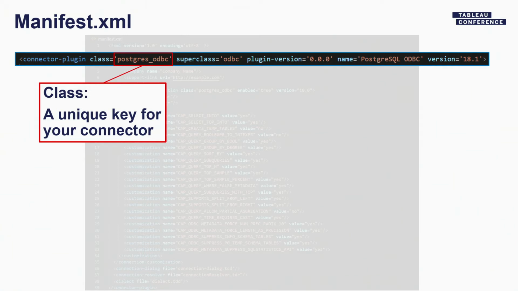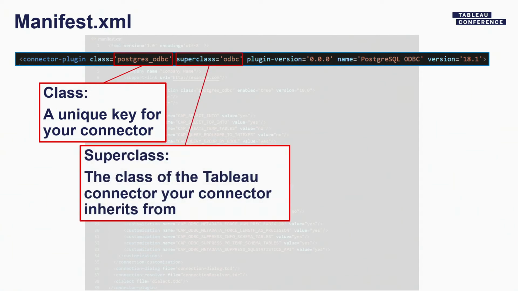And superclass, here you say the superclass is ODBC. So Tableau will know your connector is built on generic ODBC connectors. So if any of those behaviors you don't specify in your connector-plugin or Tableau connector, we will fall back to use the base behavior of the base class.